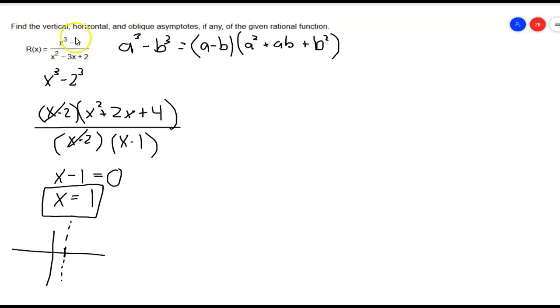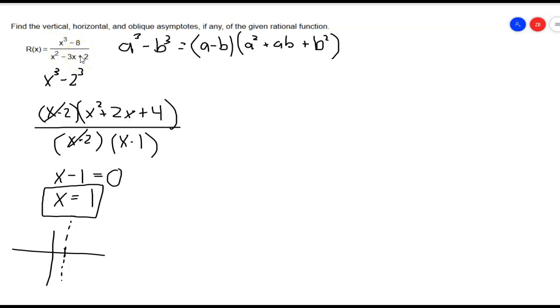And we'll go through the other options later, but right now the largest exponent is on the top, and whenever that's the case, then the function is increasing at a much faster rate on the top than it is the bottom. So as I let x approach numbers like positive infinity and negative infinity, this value is getting infinitely larger, infinitely small. Therefore, I have no horizontal asymptote.